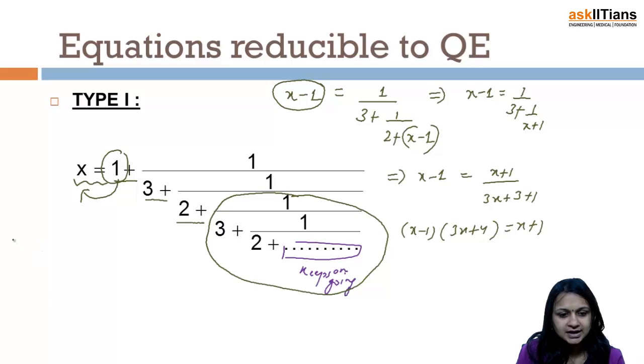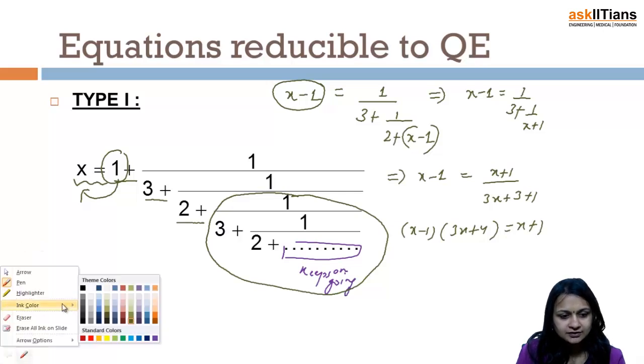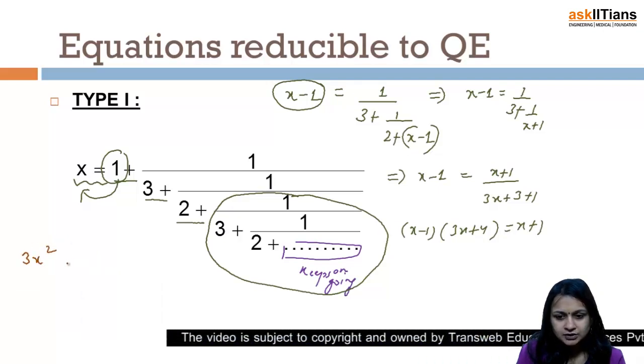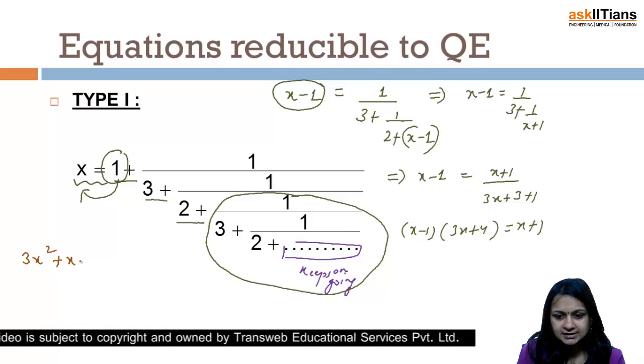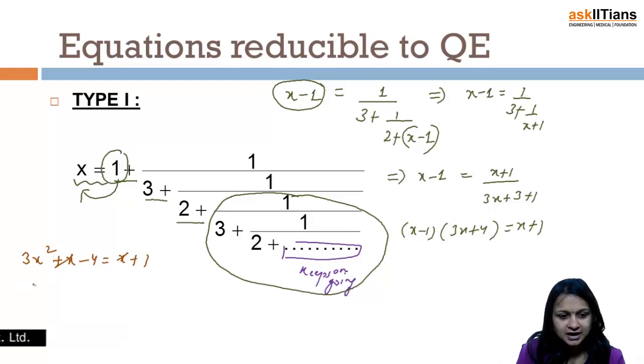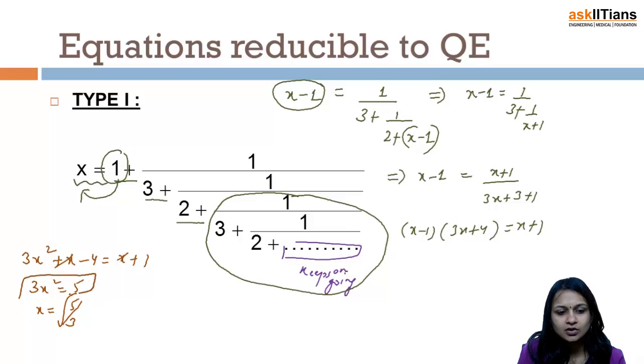Let's solve the left hand side. X minus 1 into 3x plus 4 gives 3x square plus 4x minus 3x minus 4, that is equal to x plus 1. So x's get cancelled. We have 3x square equal to 5, or x equal to plus minus root over 5 by 3. This is how we can solve the quadratic equation and get the two answers.